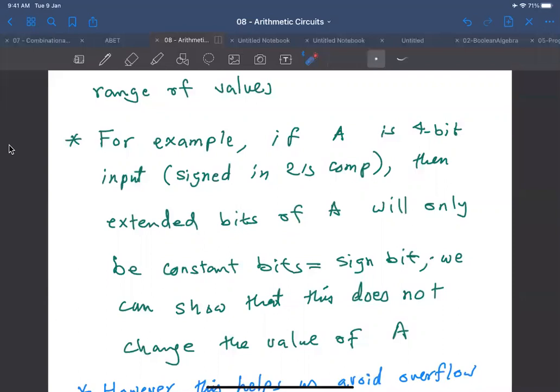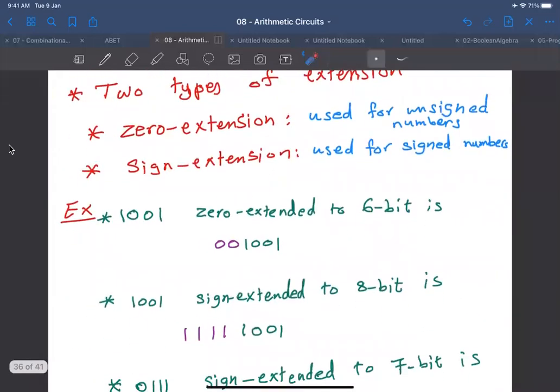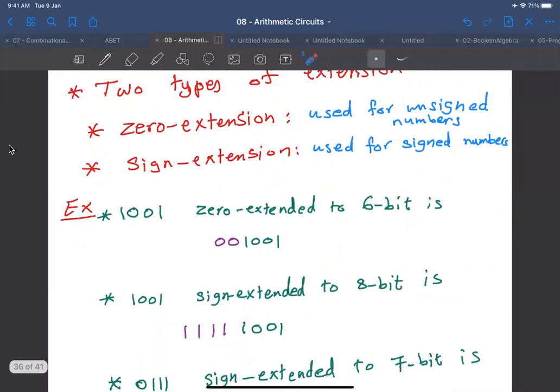Also, we can show that this does not change the value of A. In this example, if this number is signed, what is the value of 1001 if it is signed in 2's complement? Minus 16.